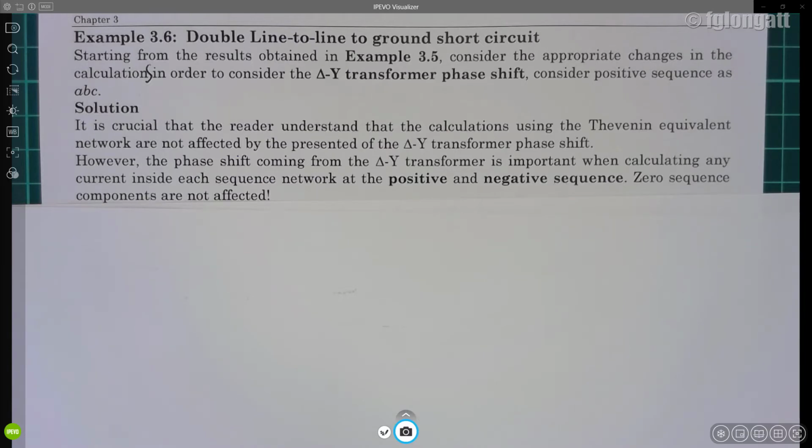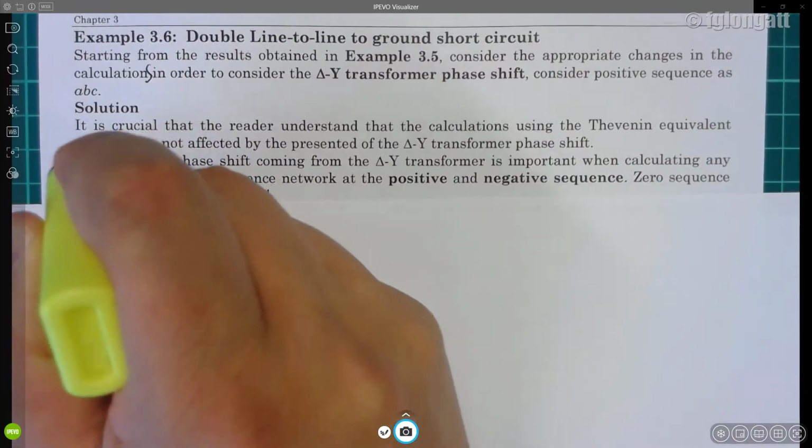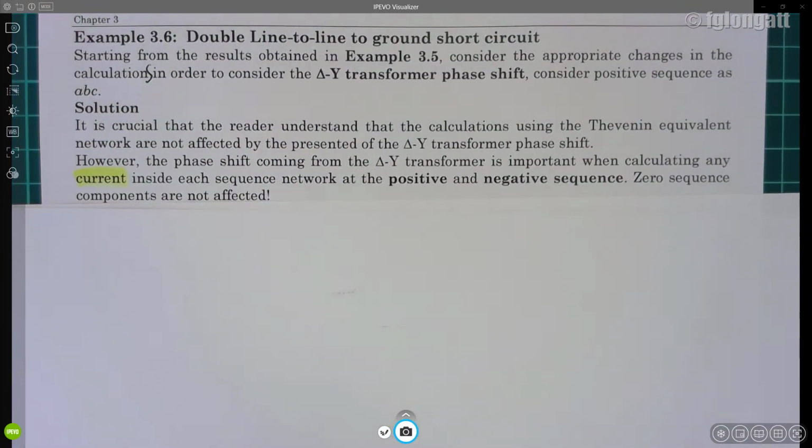But if we are interested in calculating any current or voltage inside the sequence network, we need to be careful. If we are calculating, for instance, current contributions, as we did in example 3.6, these delta star connections can affect.